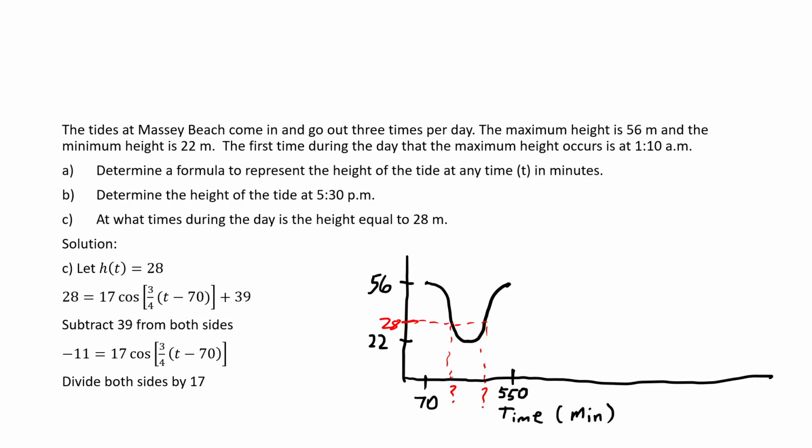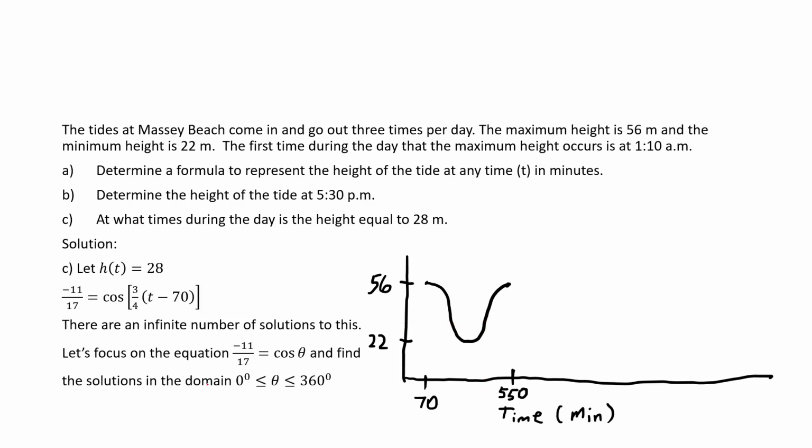So we let h of t equal 28. We subtract 39 from both sides, and we get negative 11 equaling 17 cos of 3/4 times (t minus 70). We divide both sides by 17, and we see that there's an infinite number of solutions to negative 11 over 17 equaling cos of something.